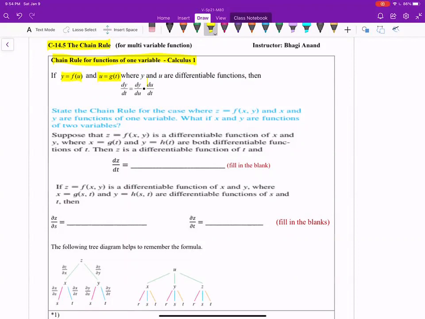For example, if you write y equal to sine of, let's say, t squared plus 1, then you can write this as y equal to sine of u, where u is t squared plus 1.